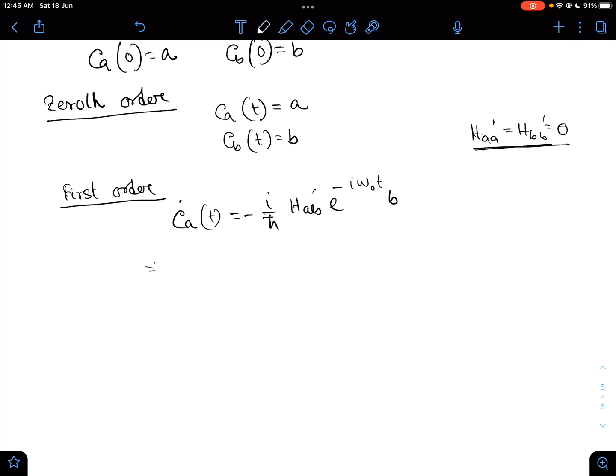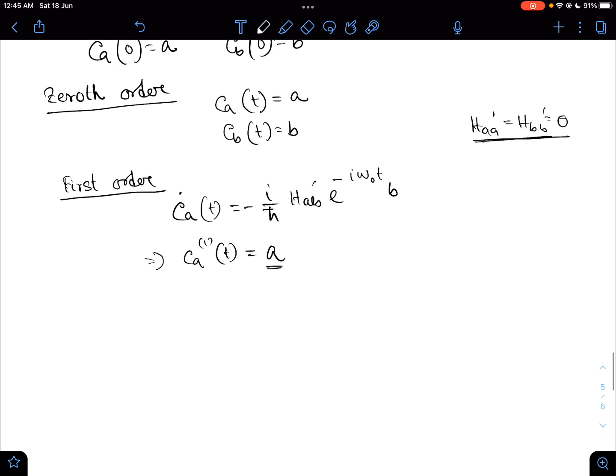From this we get CA in first order at time t as A, which is the zeroth order term, plus minus i B by h cut integral 0 to t HAB prime(t prime) e to the power minus i omega 0 t prime dt prime.